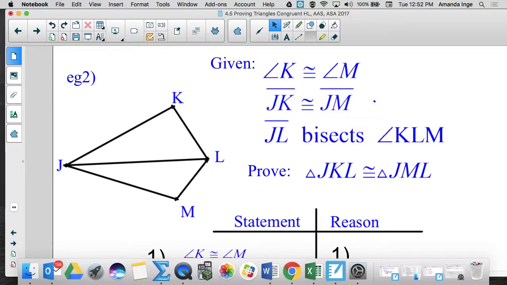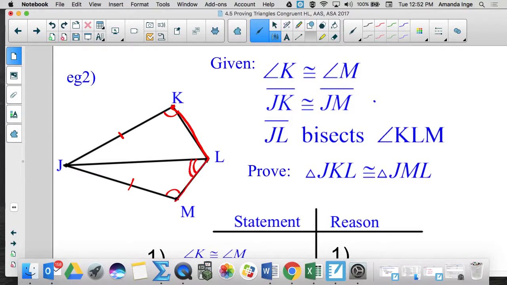Based on the information, they told you that angle K was congruent to angle M. So I marked that. JK is congruent to JM. So this piece is congruent to that piece. And JL bisects KLM.